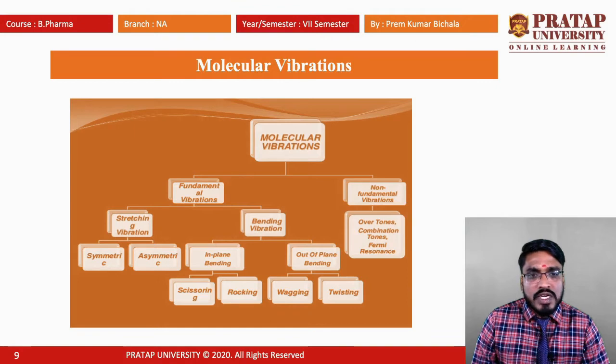Whereas in non-fundamental vibrations there are no types, but there are some factors which affect them: overtones, combination tones and Fermi resonance. Apart from these three, Fermi resonance affects molecular vibrations the most.